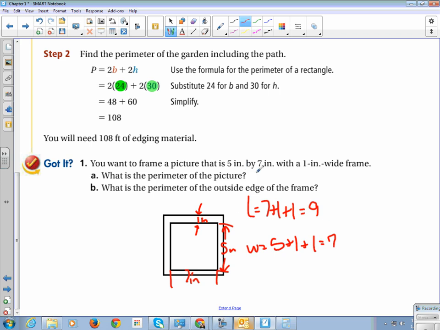So the perimeter is going to be, because it's a rectangle, 2 times the length plus 2 times the width. That gives me 18 plus 14, or 32 inches.